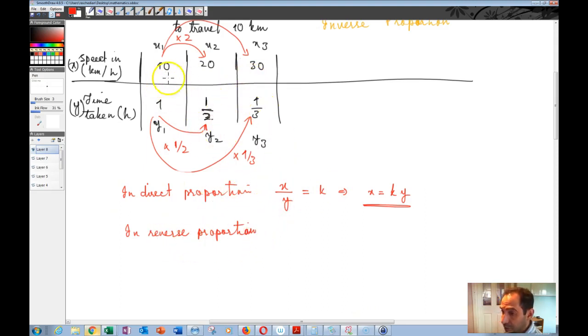But in the case of reverse proportion, you see that 10 times 1 is the same thing as 20 times 1/2, or the same thing as 30 times 1/3. So the product of those two numbers remains constant. So that means that x times y is the same thing as k.